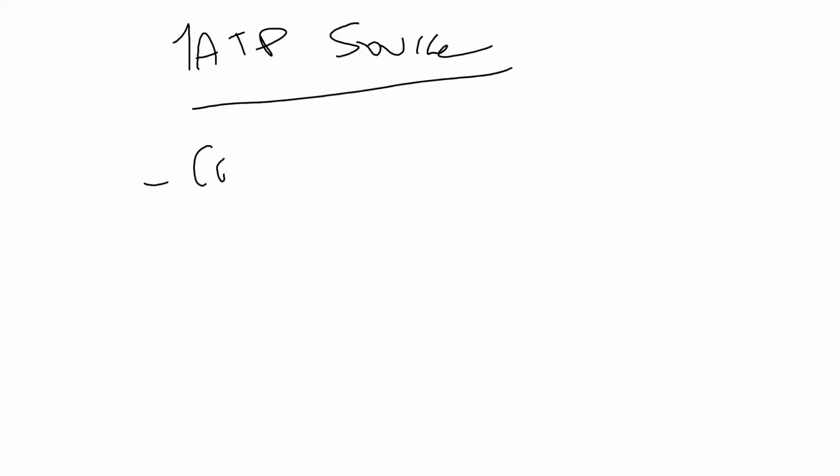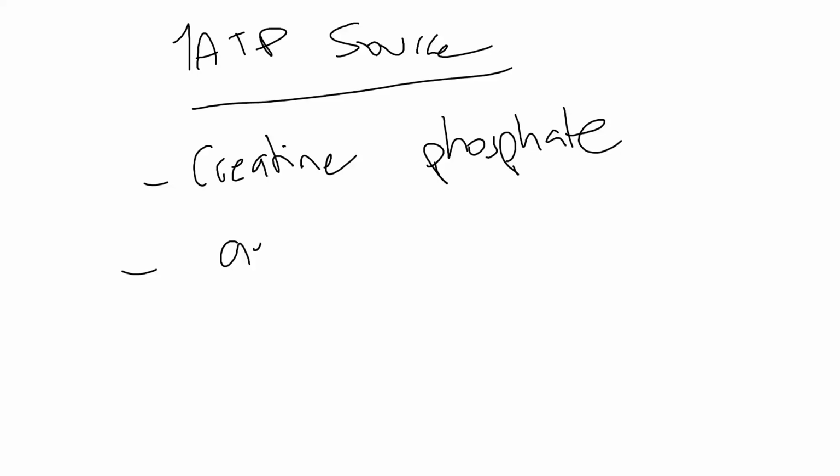Bravo, bravo. So, one ATP source of the muscle is creatine phosphate. If there is no creatine phosphate, it will go to the aerobic respiration, which is the citric acid cycle and this thing.